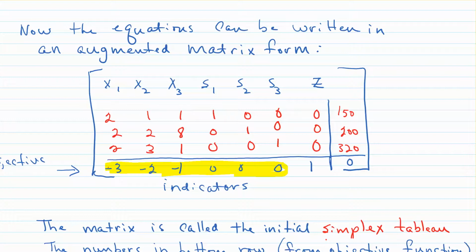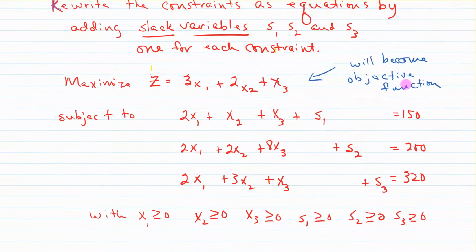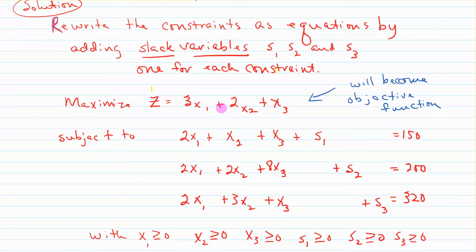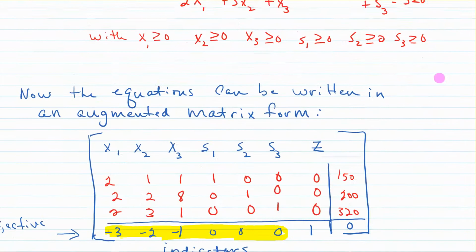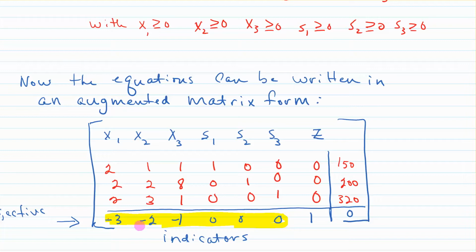Now, our objective function, this bottom line, let's look back at z. Z was 3x sub 1 plus 2x sub 2 plus x sub 3. We need to move all of that to the left. And so when we do, that became a -3, a -2, a -1. We don't have an s1, s2, or s3, and the z is a +1, and we have a 0 on the right.